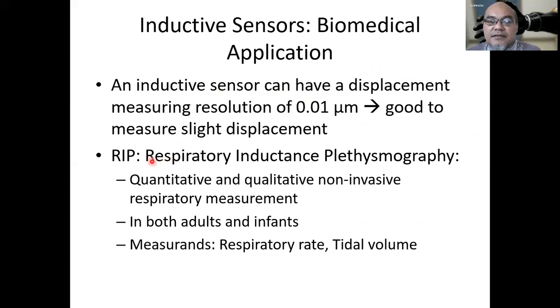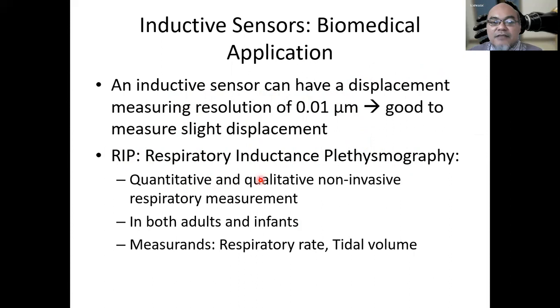respiratory activities as RIP, not rest in peace, but respiratory inductance plethysmography. Plethysmography is a way to make respiratory measurements, but in this case, it uses inductance. There is also resistance-based plethysmography, but here we use inductance.